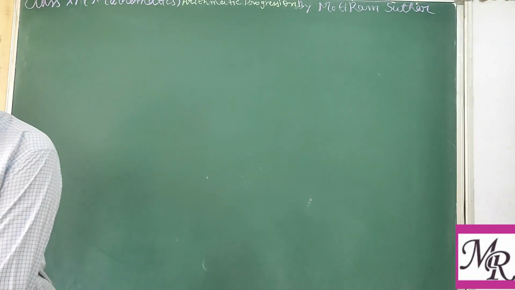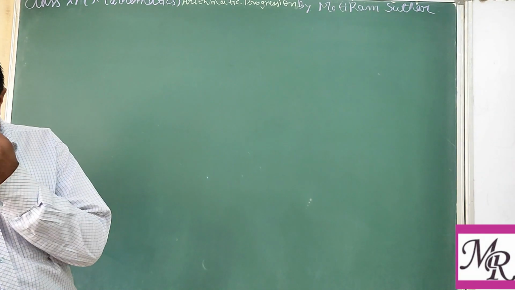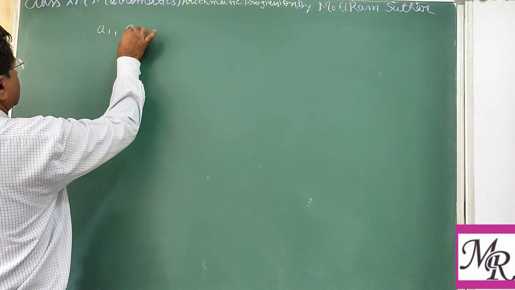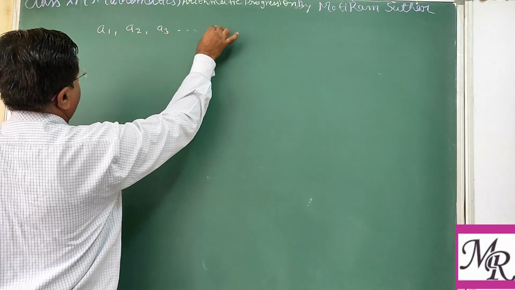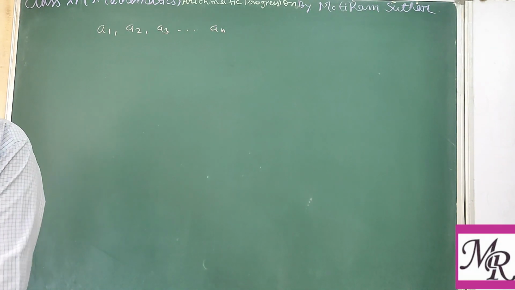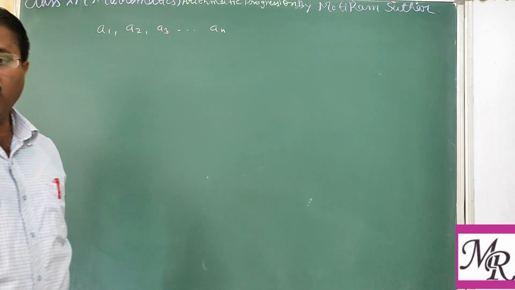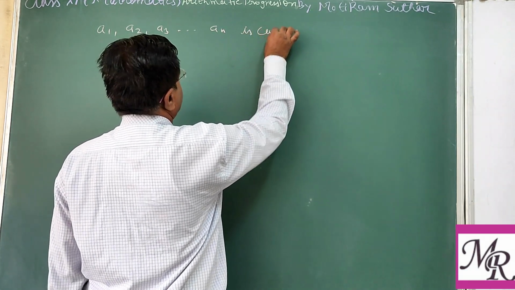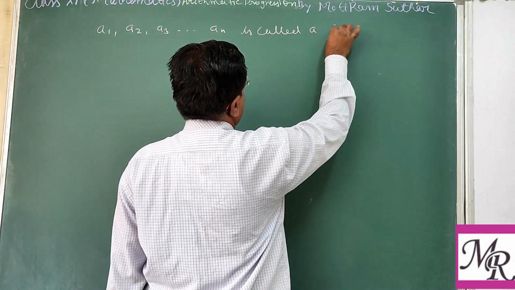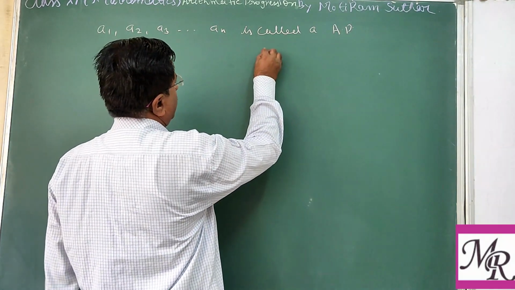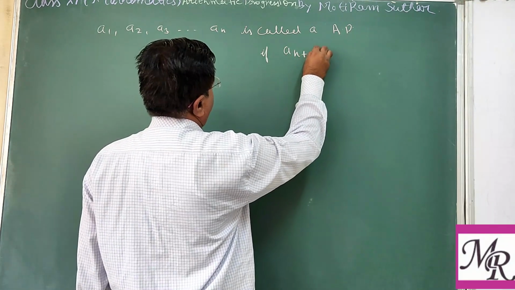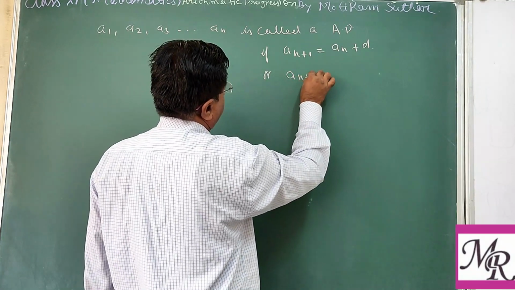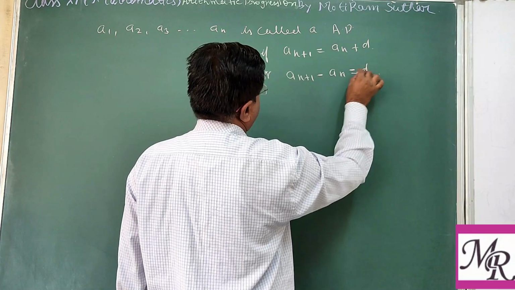So here again we review some properties of the arithmetic progression. If we are given a sequence a1, a2, a3, up to an, it is called an arithmetic progression or sequence if the condition a(n+1) = an + d holds, or generally we write a(n+1) minus an is a constant.